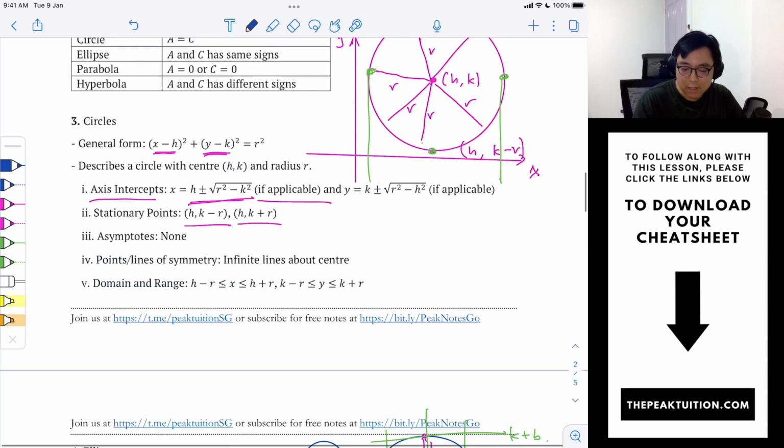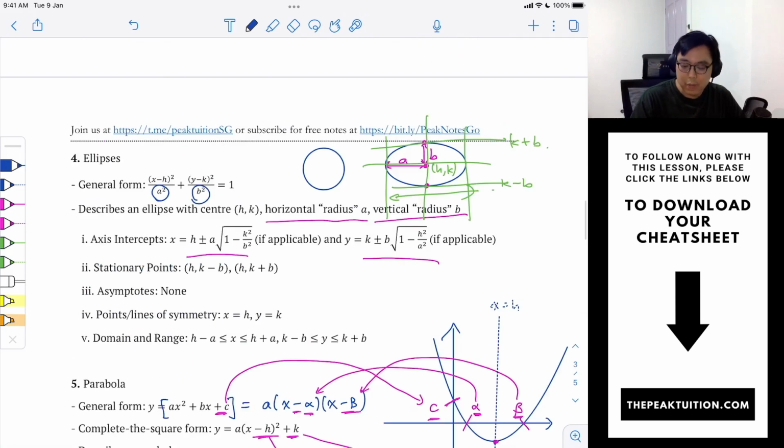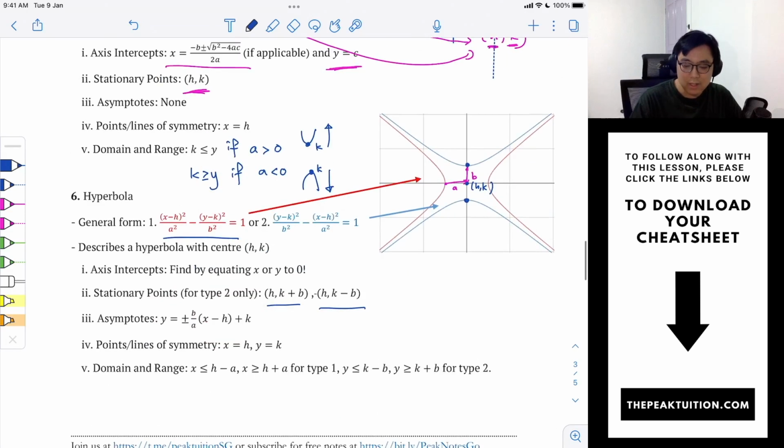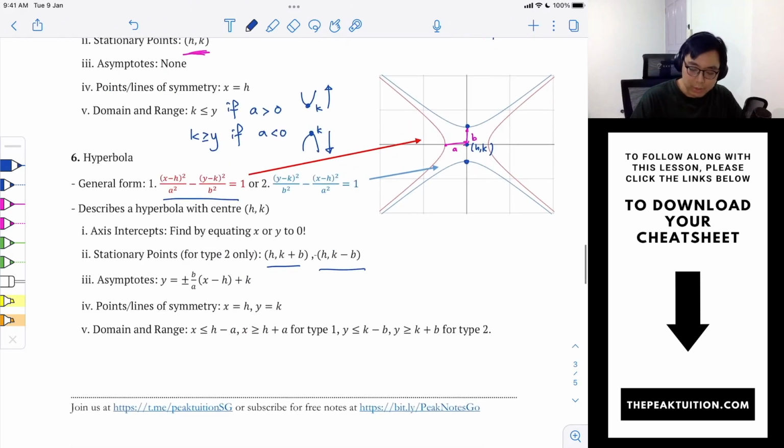Our circle center has been (h, k), our ellipse center has been (h, k), our center of the parabola has been (h, k). So it's no surprise, because it's how far we shift our graphs away from the origin, right? Okay, so that's the stationary points.